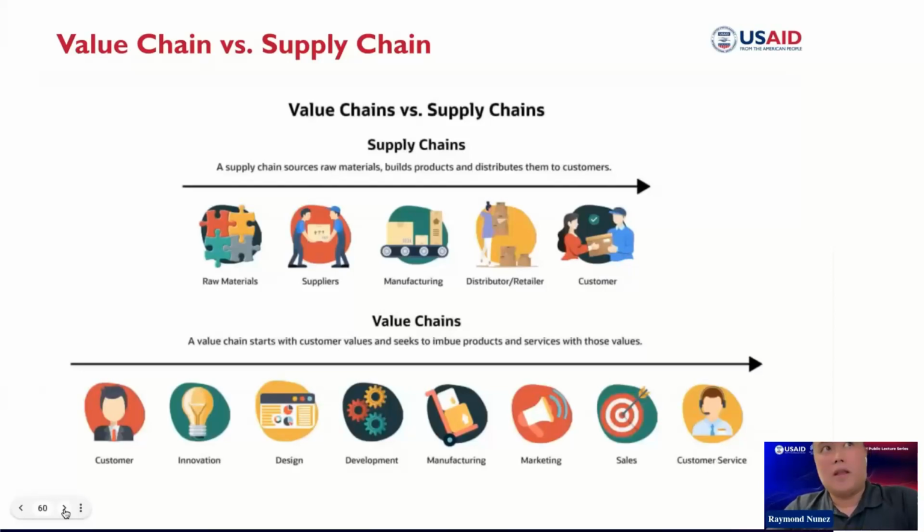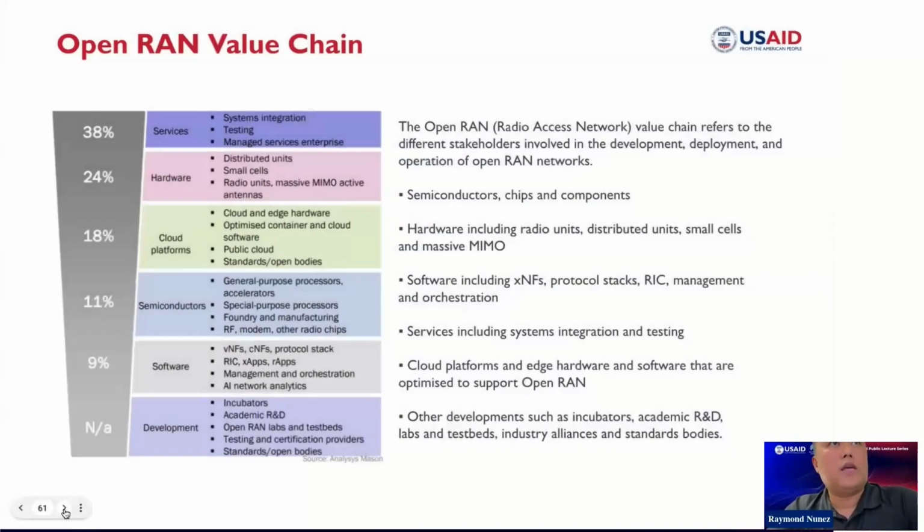Now, for the Open RAN value chain, on the next slide we have a lot of categories: services, hardware, cloud platforms, semiconductor, software, and development. We have some studies that we're going to pick apart to determine which of these components would have a good revenue outlook in the next 5 years, and which companies are having their R&D and manufacturing funds allocated specifically to these categories.